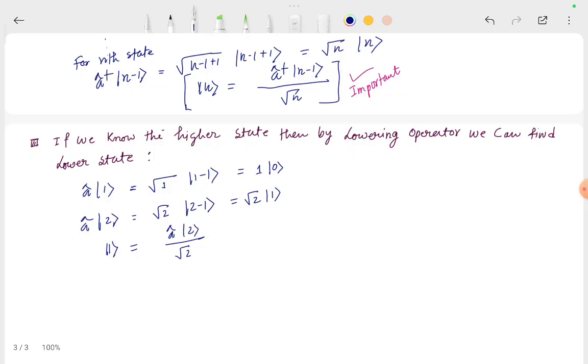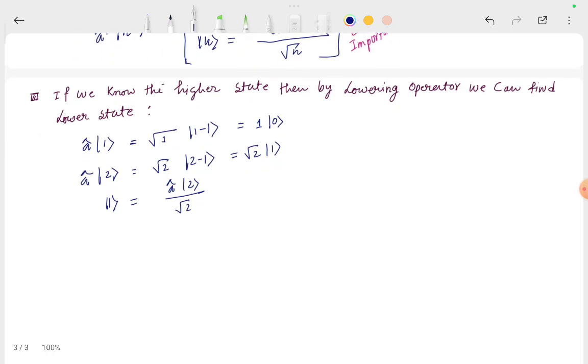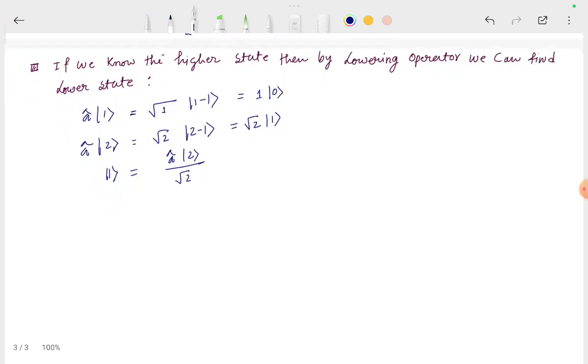If we try to calculate, this is the approach, right? a on ket 3 equals root 3 minus 1, so root 3 ket 2.